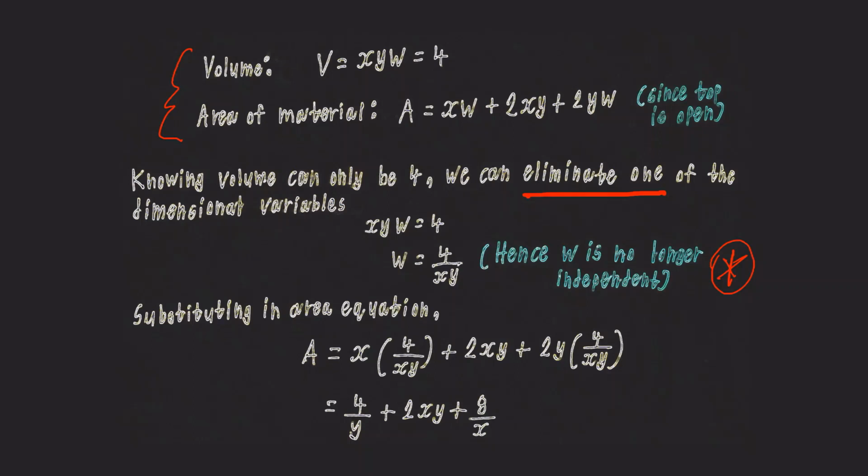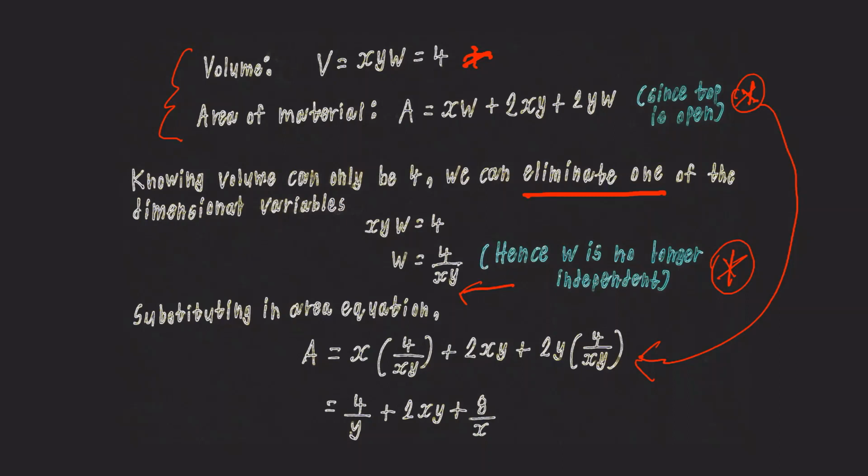It simply depends on X and Y. That boils down the dimensionality of our problem, and that's a consequence of having a predefined volume. So we can substitute this value for W into the area equation.